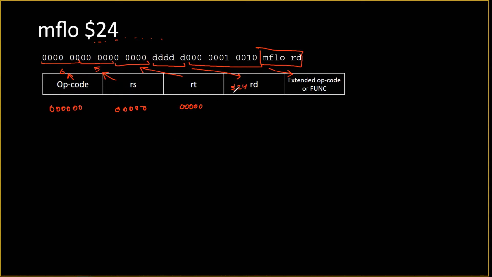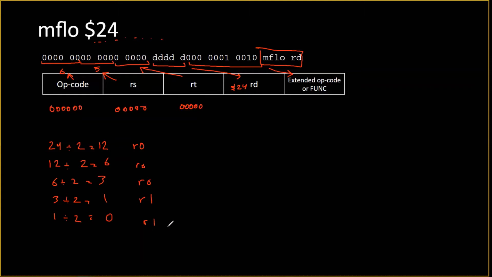And 24 is, I cannot remember the exact number, so let's do that. 24 divided by 2 is equal to 12, remainder 0. And then 12 divided by 2 is equal to 6, remainder 0. 6 divided by 2 is equal to 3, remainder 0. 3 divided by 2 is equal to 1, remainder 1. 1 divided by 2 is equal to 0, remainder 1.